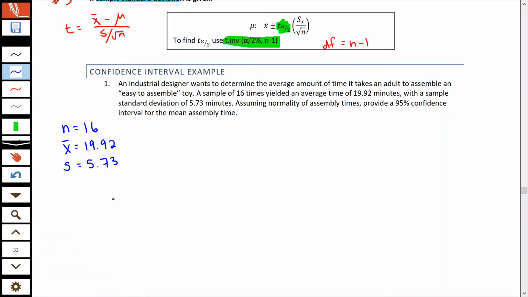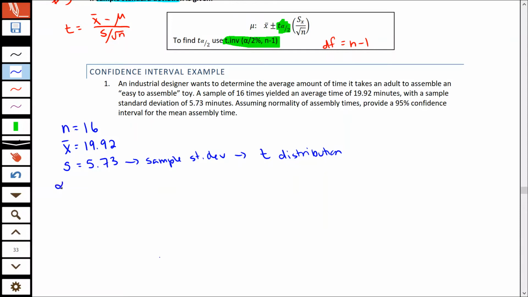And as soon as we have sample standard deviation, that means that we are dealing with situation number 3. We are looking at the T distribution, which means that when it tells us, assuming normality of assembly times, the normality of assembly times just means that our n can be less than 30 and our central limit theorem still applies. Provide a 95% confidence interval for the mean assembly time.